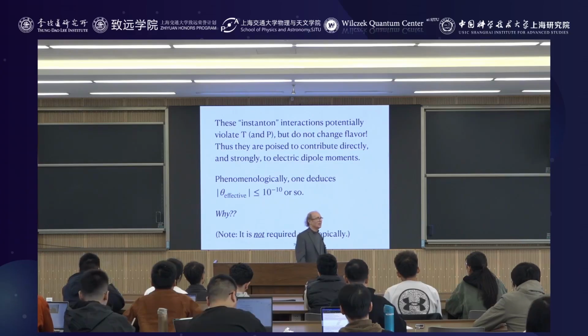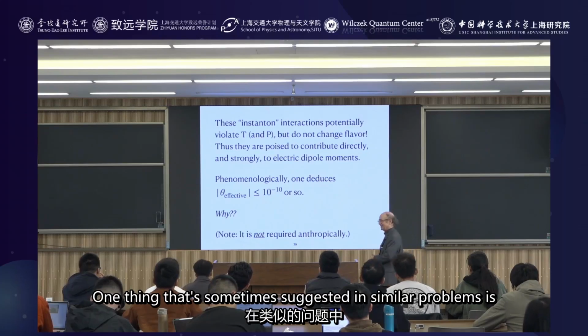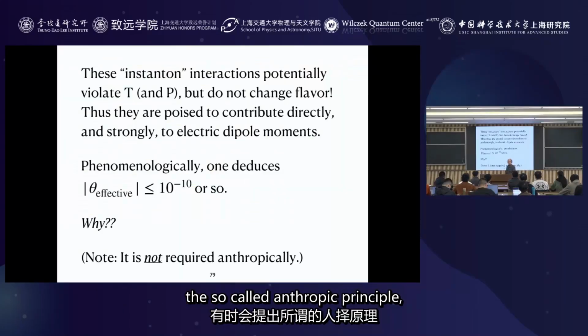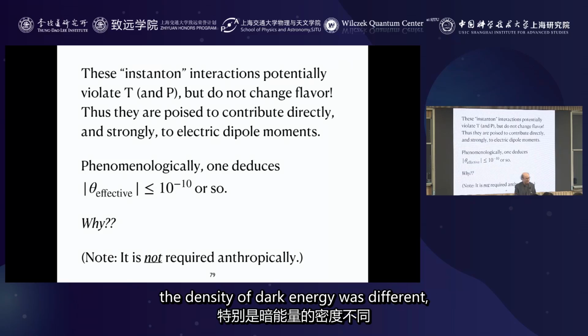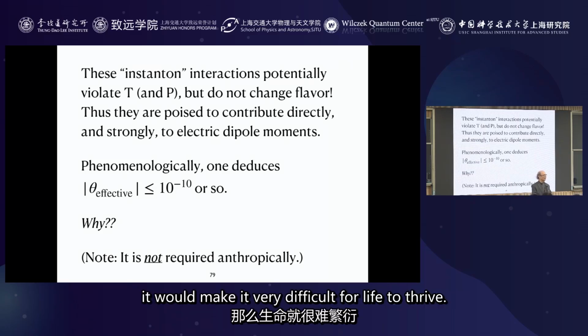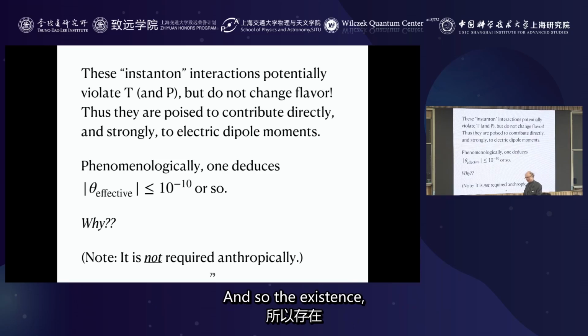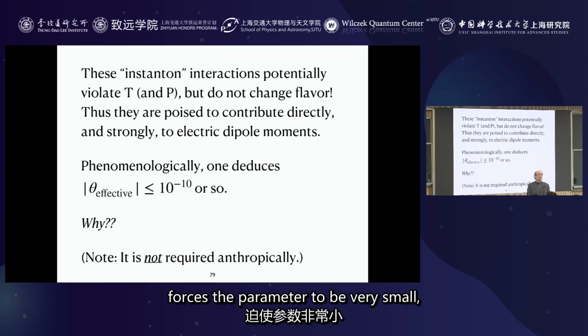and we would like to have a qualitative explanation of why it happens. Now, one thing that's sometimes suggested in similar problems is the so-called anthropic principle, that if some parameter, especially, for instance, the density of dark energy, was different, it would make it very difficult for life to thrive. And so the fact that we are alive, capable of observing the situation, forces the parameter to be very, very small.